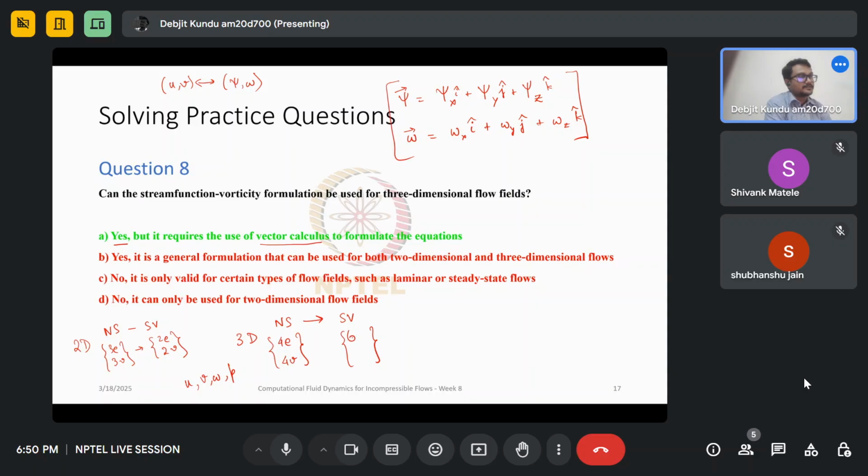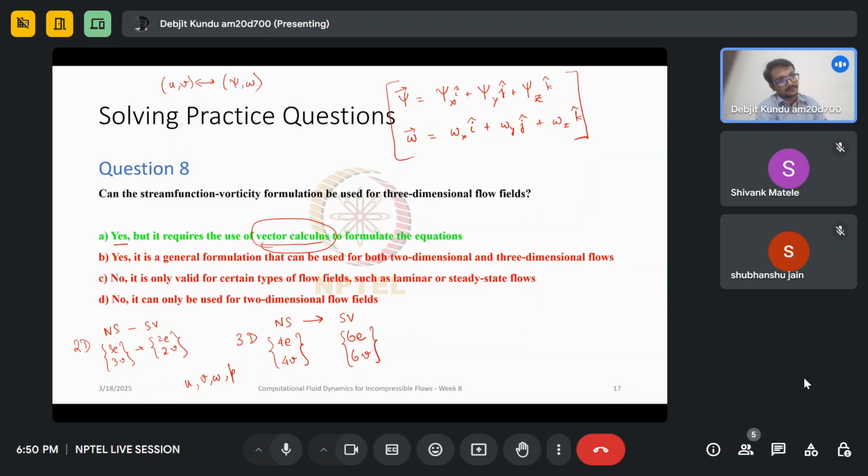So you have six unknowns and you will need six equations as well. You can get six equations, and for that, a terrible amount of vector calculus is needed. But at the end of the day, there is no point in doing that because you're complicating your whole thing.